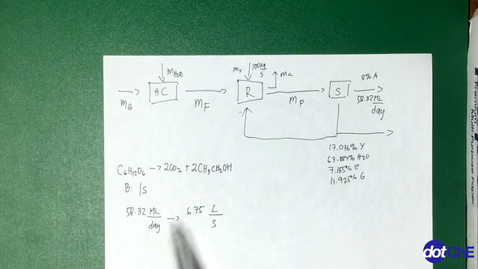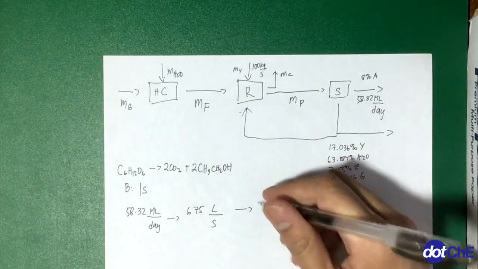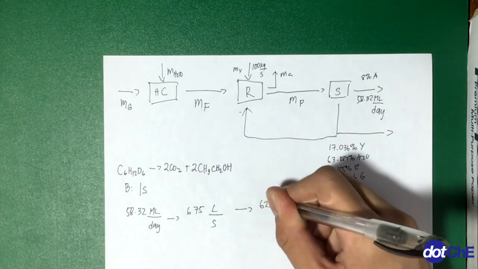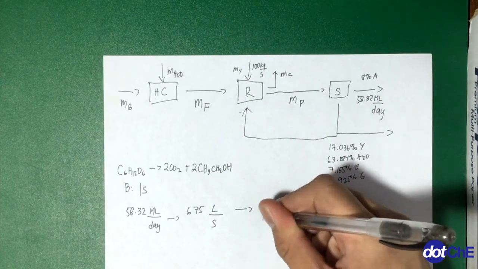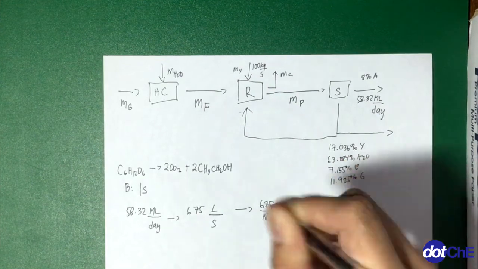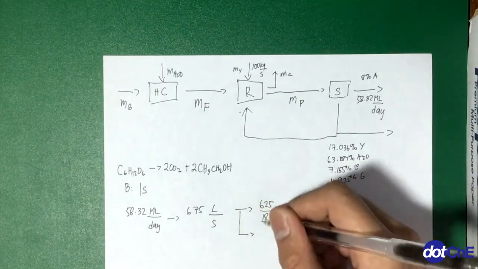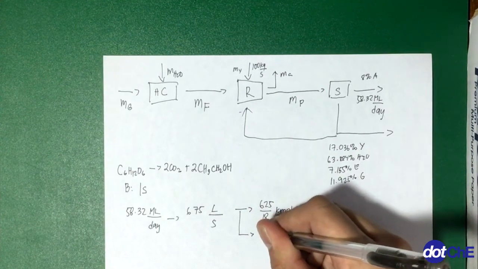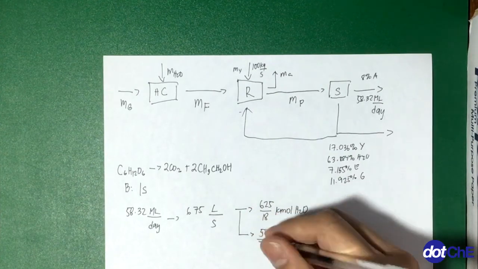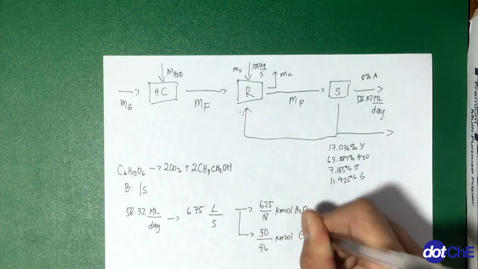Then we get 675 liters per day, which could be summarized into 625 over 18 kmol of H2O, since it is 8% by volume. And we have 50 divided by 46 kilomoles of ethanol.